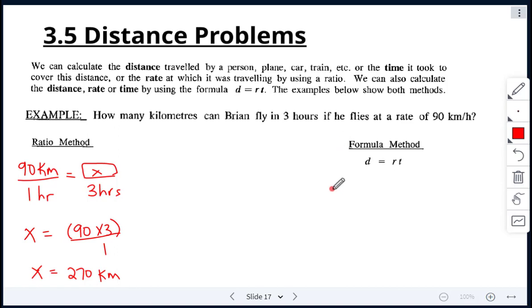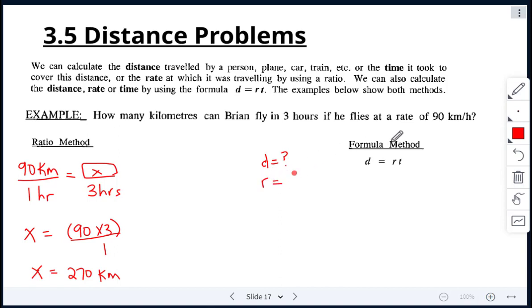So here we're using the formula, D equals RT. So keep in mind D is distance, R is rate, and T is time. So in this case, we are trying to solve for D. So D is what we don't know.